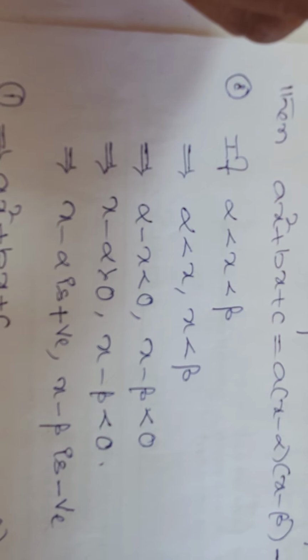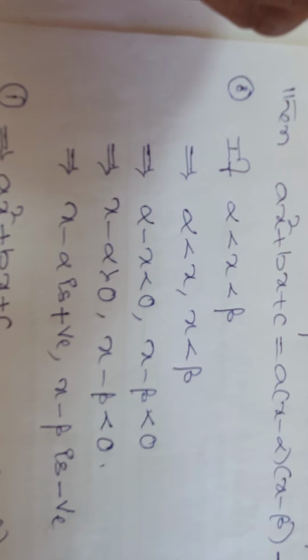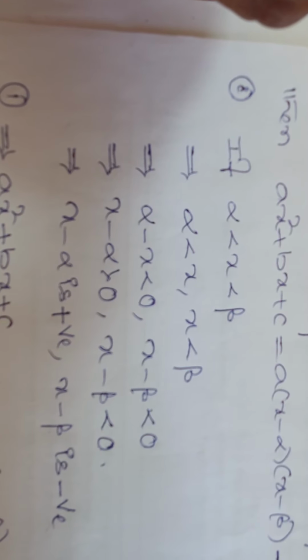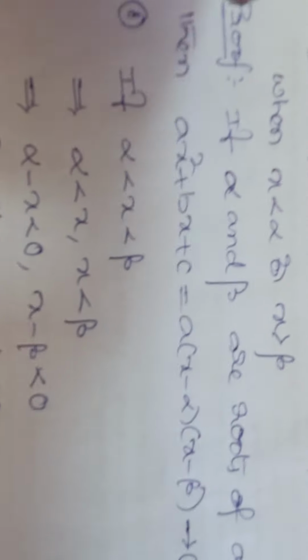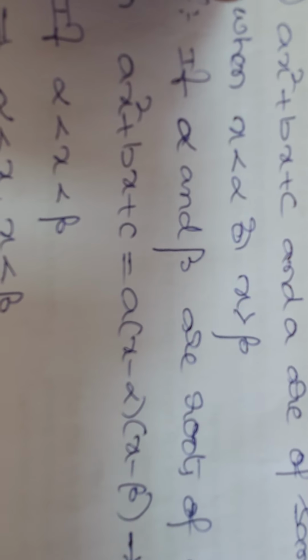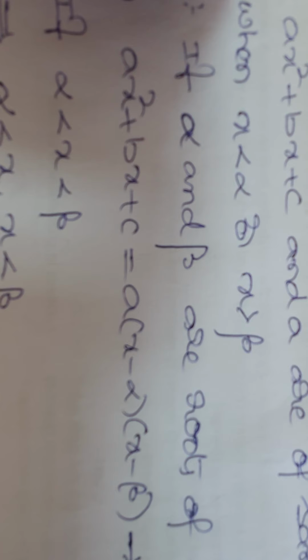Greater than 0 means positive, less than 0 means negative. That's why we wrote that x − α is positive, x − β is negative. What is equation 1? That is ax² + bx + c = a(x − α)(x − β).